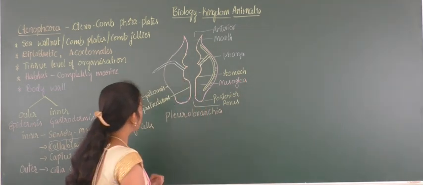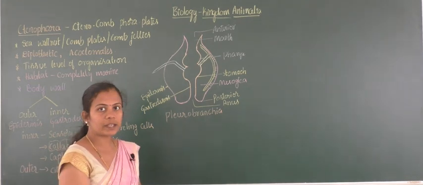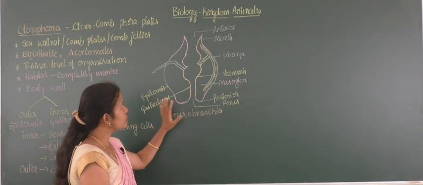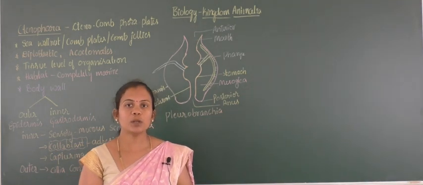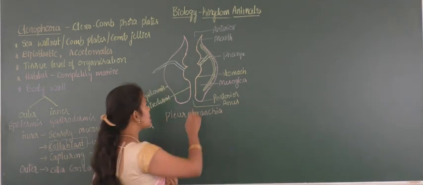Okay, so this is about the structure of Pleurobrachia, and again on the surface there will be tentacles. Those tentacles help in movement, and along with that, the ciliary structures.